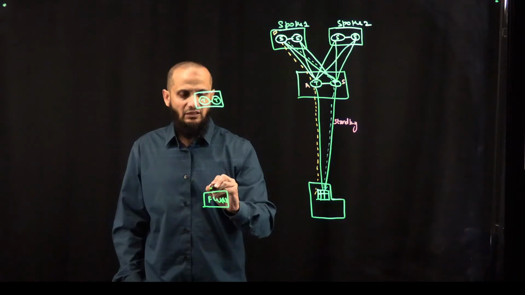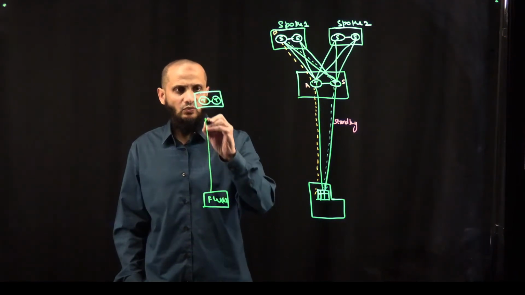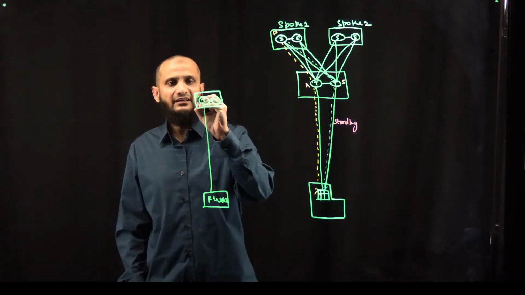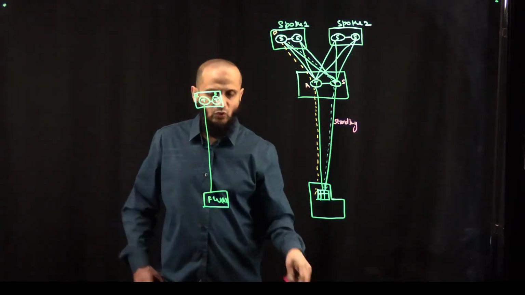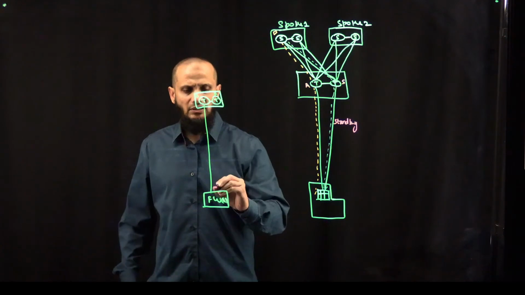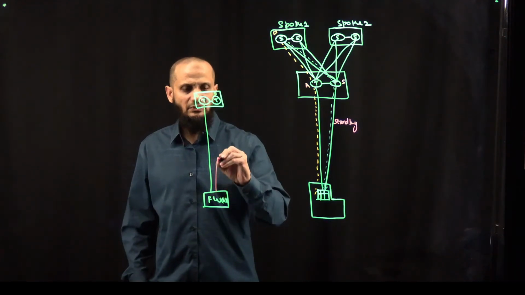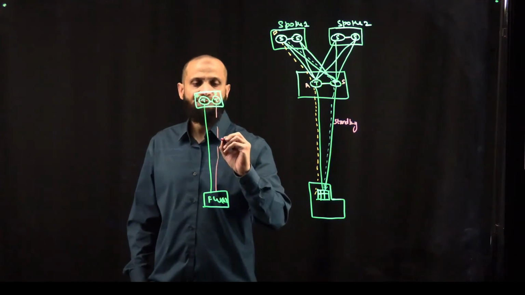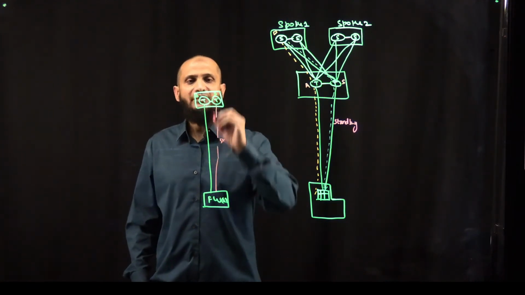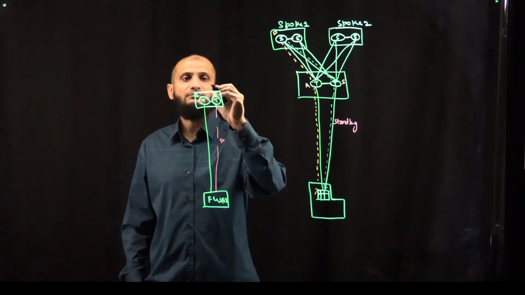You have a tunnel with the active transit, and this becomes your standby, while the other tunnel is going to be a standby. And that becomes your connection 1.